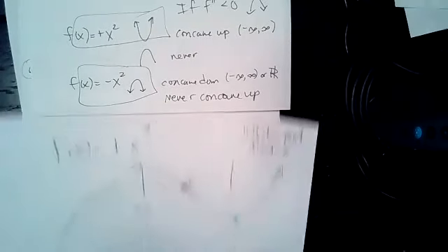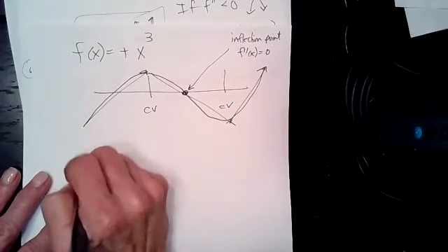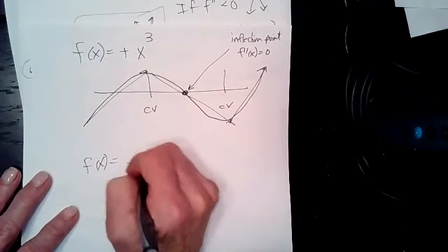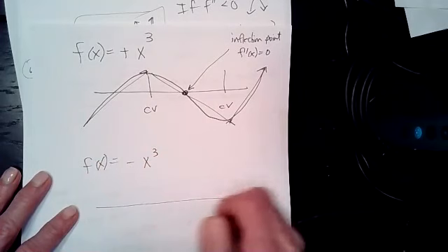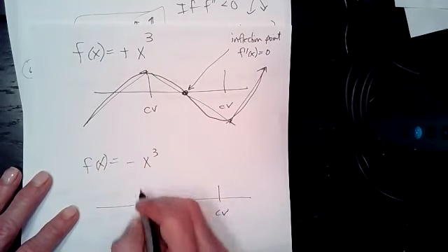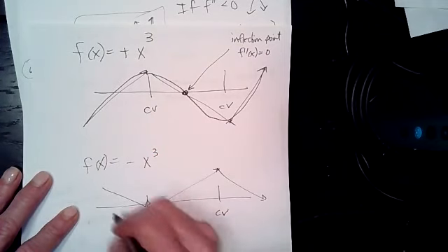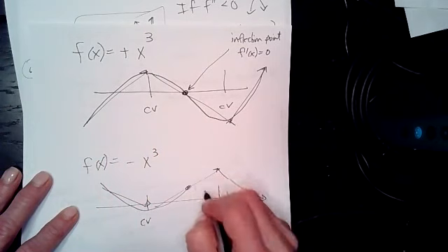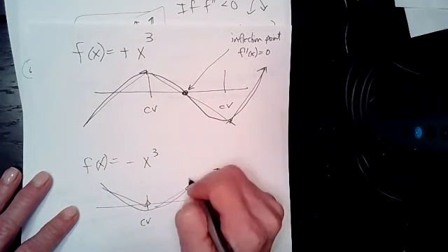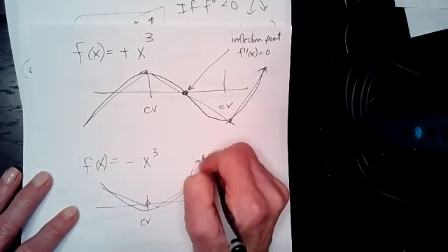And the same thing for a negative x cubed. There's your critical value, there's your critical value. We know negative x cubed goes down, up, and down. So it's going to be concave up, and then concave down. And this is your inflection point.